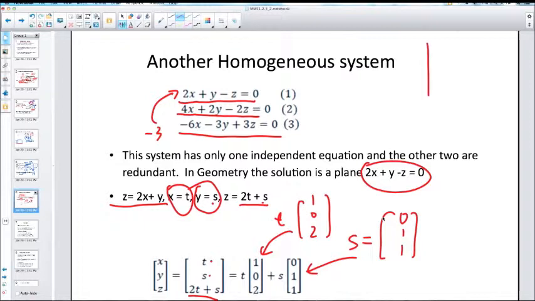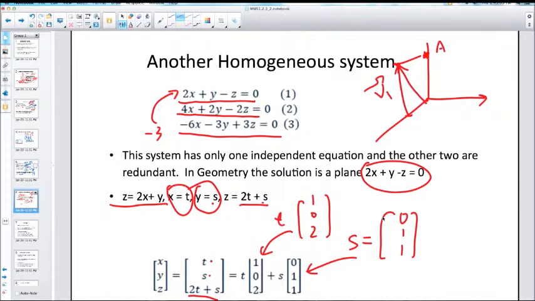So let's go back to the graph. 1, 0, 2 is a point here. That's a point, and this is one vector, V1.